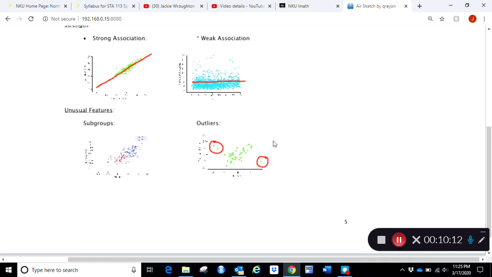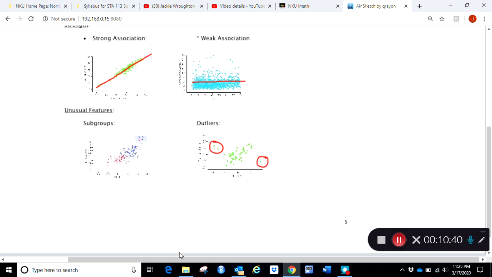Overall, this is my positive slope pattern, but these have this opposite relationship happening. Those points, I'd want to go back and double check, make sure I entered them correctly, make sure they're part of my population. For example, if I'm looking at undergraduate students, I didn't accidentally sample a faculty member or something like that. So those are just ways of checking our points.